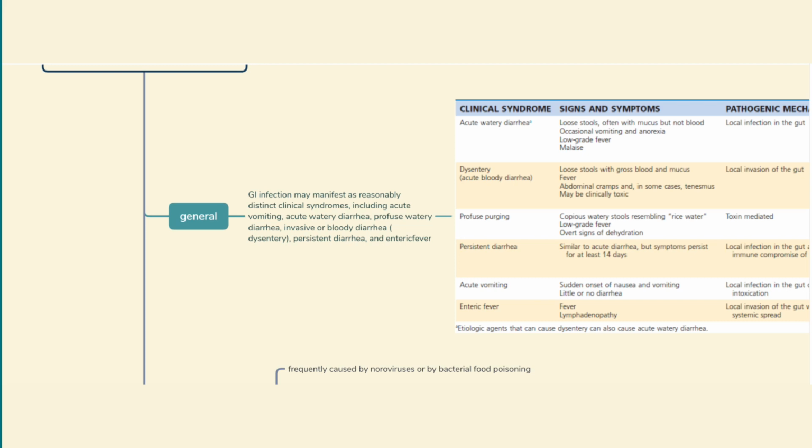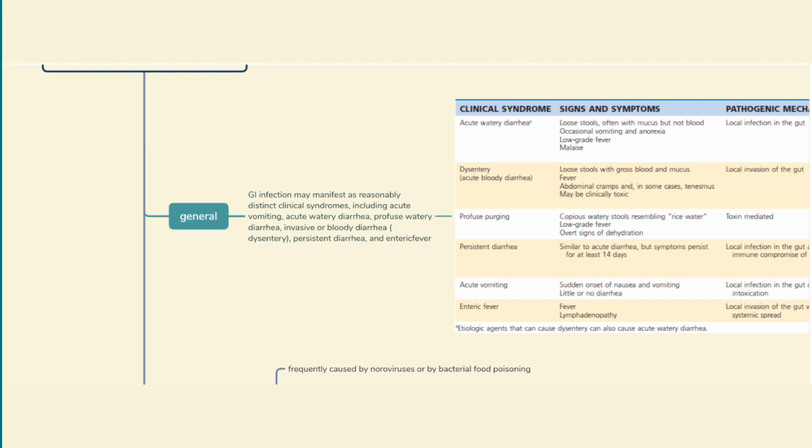Then the others can be watery diarrhea, profuse watery diarrhea, invasive diarrhea which has blood or mucus which we call dysentery, persistent diarrhea, or enteric fever. The enteric fever is the only one that has more extra GI manifestations than the others.